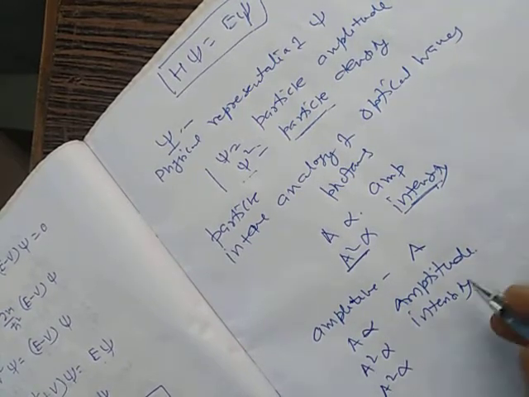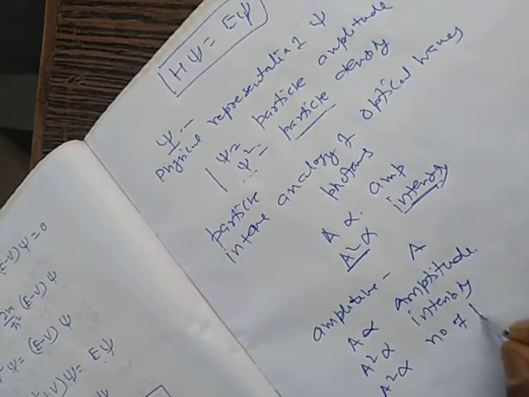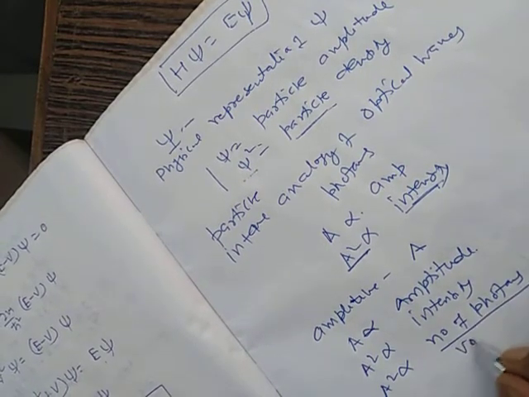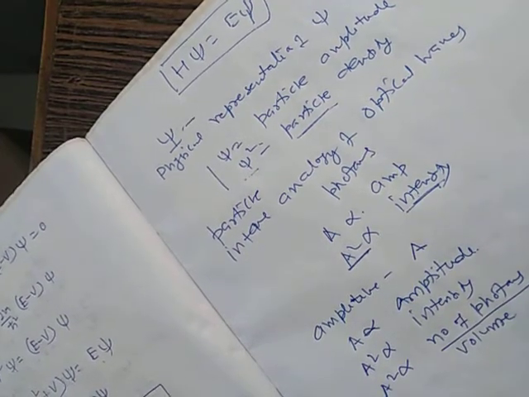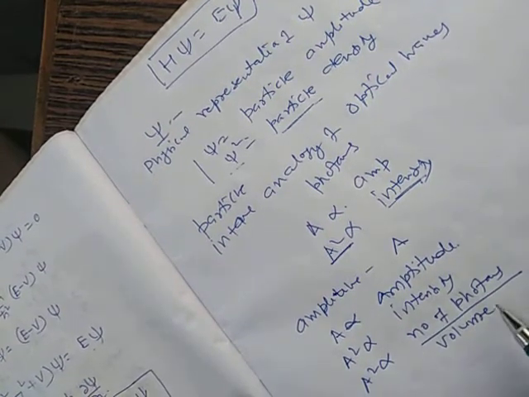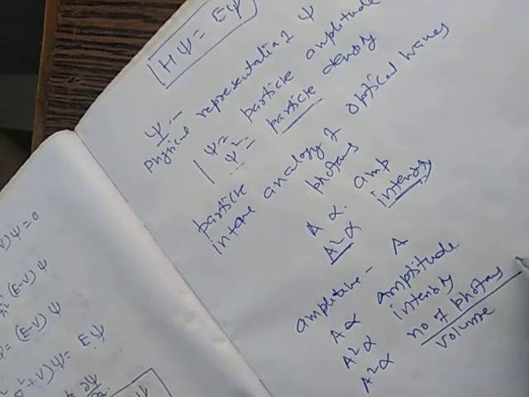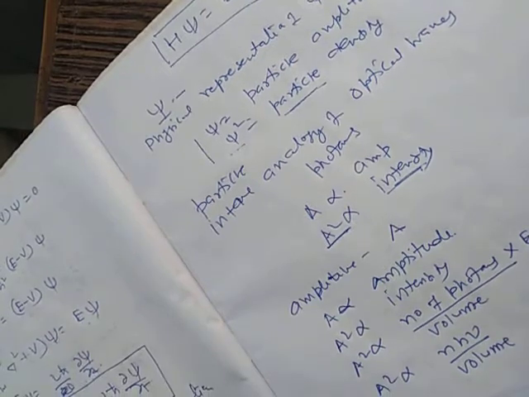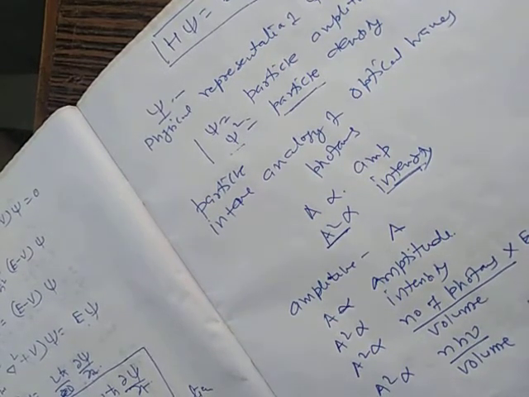Intensity means number of photons per unit volume into the energy of one photon. That is, A square is proportional to n h nu upon volume, where n is the number of photons.